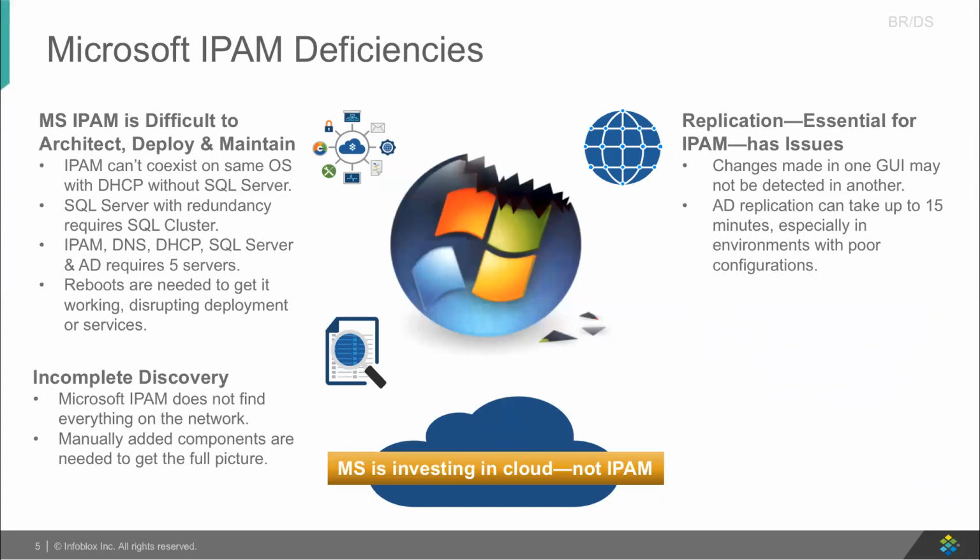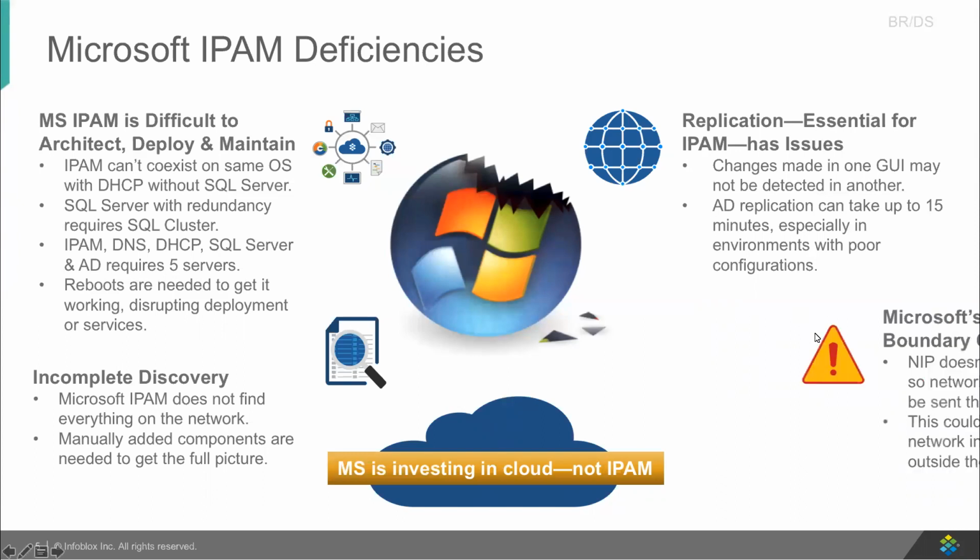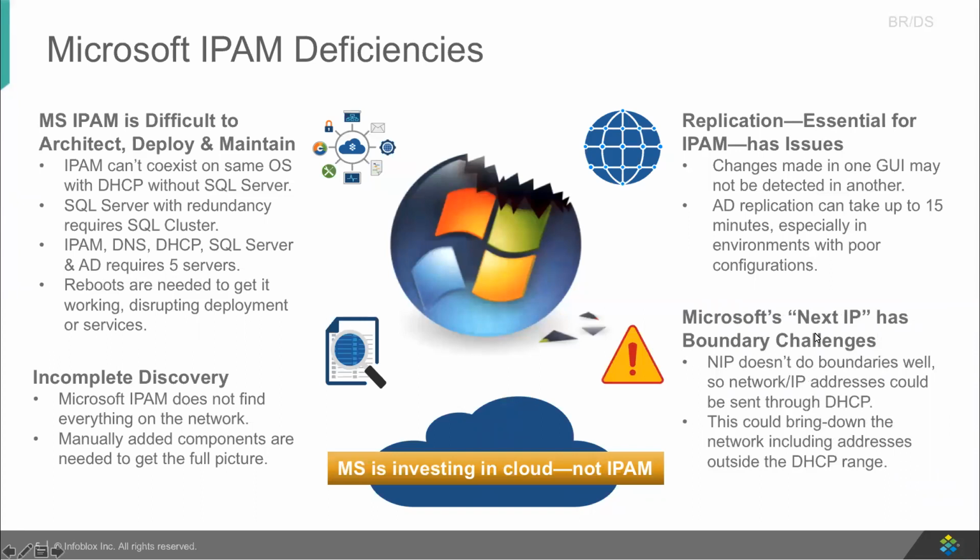And then ultimately, Microsoft's Next IP doesn't do boundaries well. Network and IP addresses could actually be sent through DHCP, and that could bring down the network, including addresses that are outside the range.